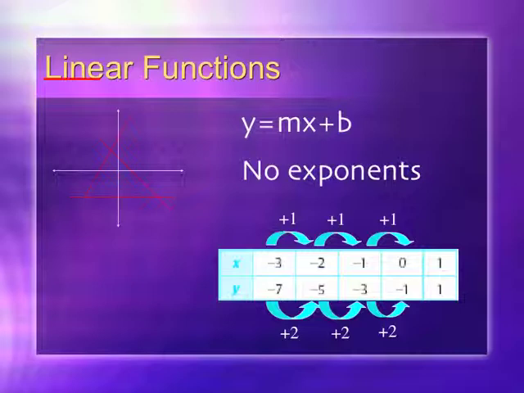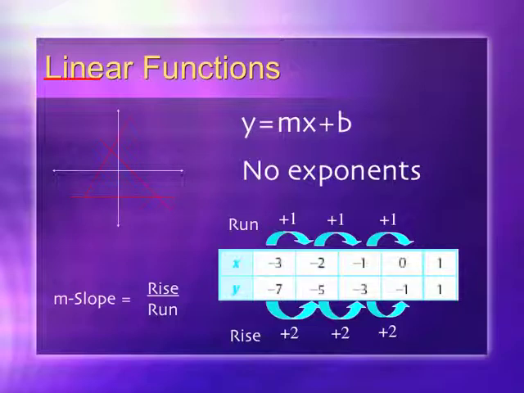If I wanted to figure out what's my rule for the points in this table, I could identify that m is the slope, which is the rise over run. I can tell the rise from looking at the bottom half of this table. It's positive 2 because y is going up by 2. And the run from looking up towards the top of this table is positive 1 because x is going up by 1.